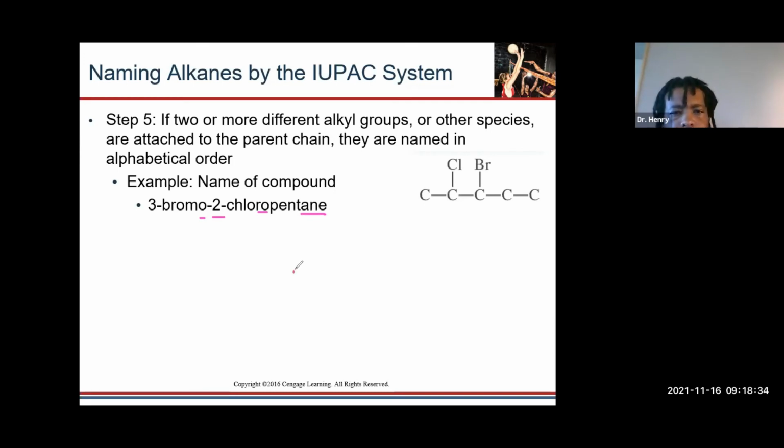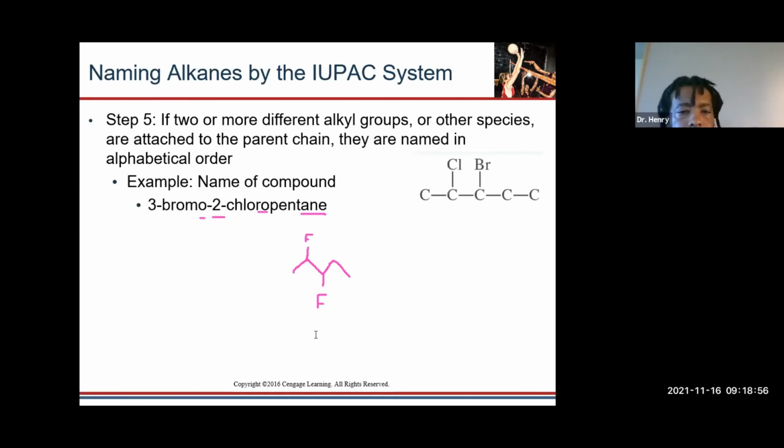So let me give you an example. Okay, so here I have a fluorine on the second carbon, and I have a fluorine on the third carbon.